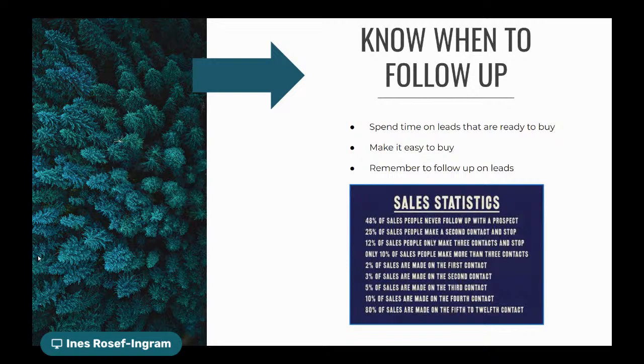Then we have: remember to follow up on leads. As salespeople and people, we like things that make us feel good. So in a sales process, having a lead that is just about to close, we're going to spend time on that person. And again, to the first bullet point, spend time on leads that are ready to buy.